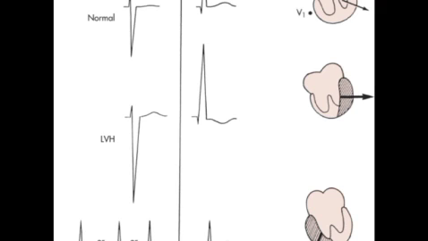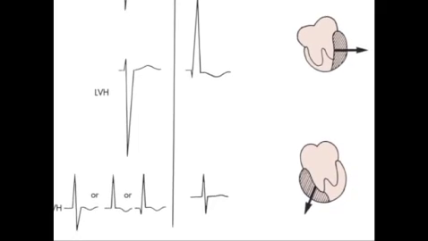So to diagnose LVH, the amplitude of the S wave in V1 and the R wave in V6 will increase, and it will be more than 35 millimeters. This can diagnose the LVH.